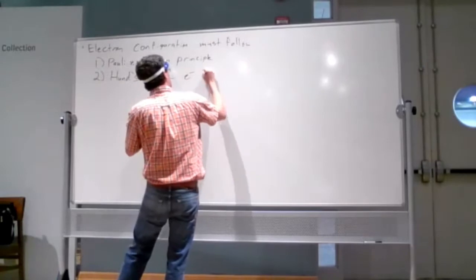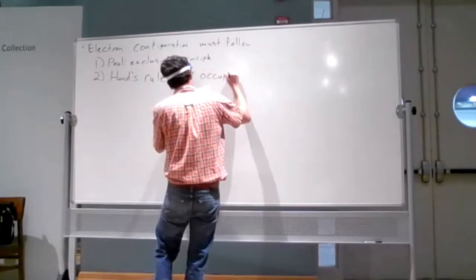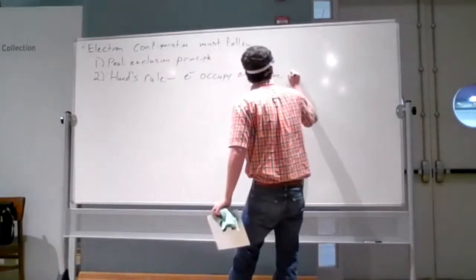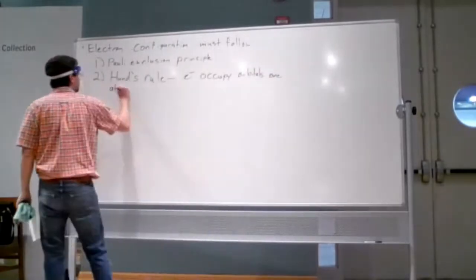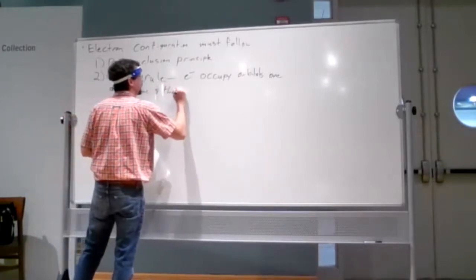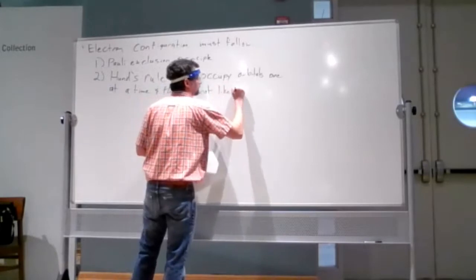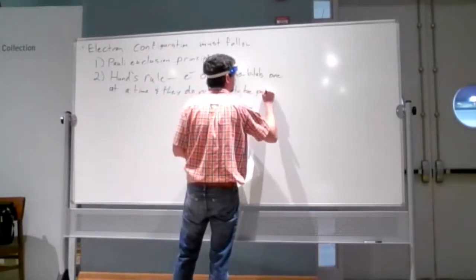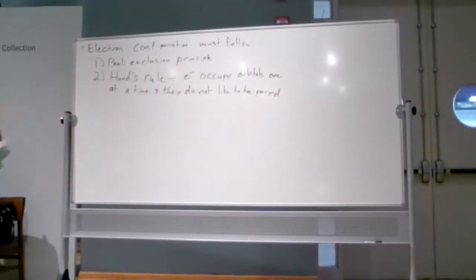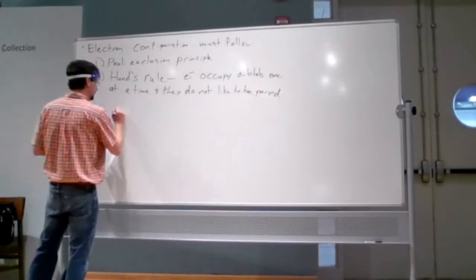So electrons occupy orbitals one at a time, and they do not like to be paired. Okay, we'll talk about why they don't want to be paired, but let's look at two situations.